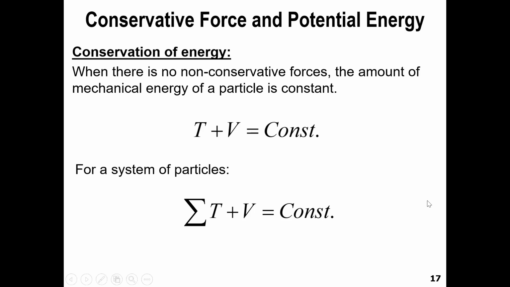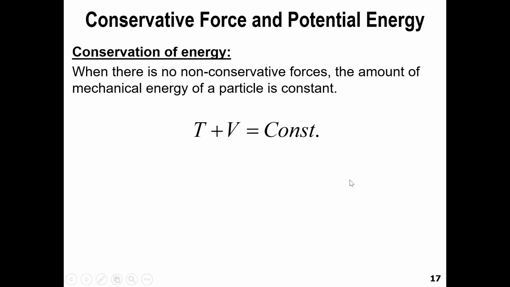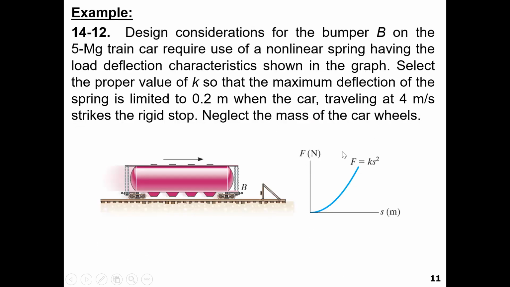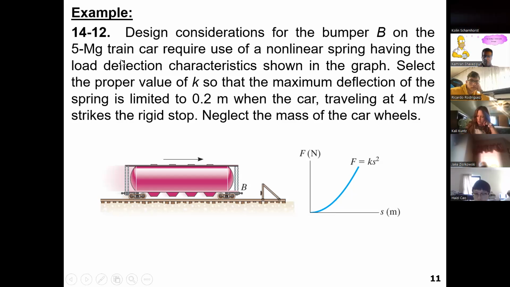Now, with these concepts, let's go back and review this problem. When you solve this problem, what is the non-conservative force? What is the conservative force? Do we have any conservative force here? Would that be at the moment the train hits the bumper?